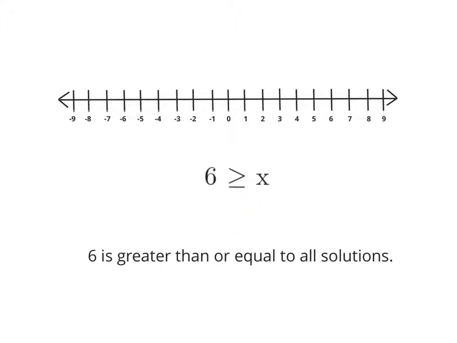So that must mean that 6 is a maximum amount. Because we are using a greater than or equal to symbol, at 6 I'm going to have a closed circle. And because 6 is greater than all the solutions, all the solutions lie to the left.